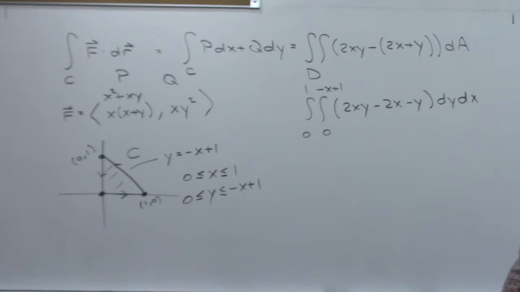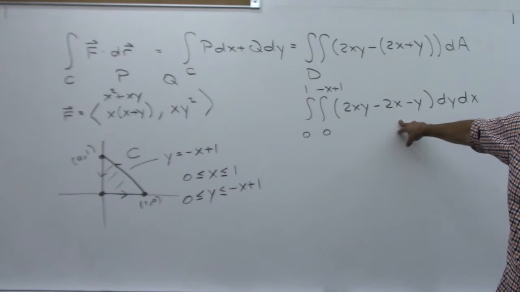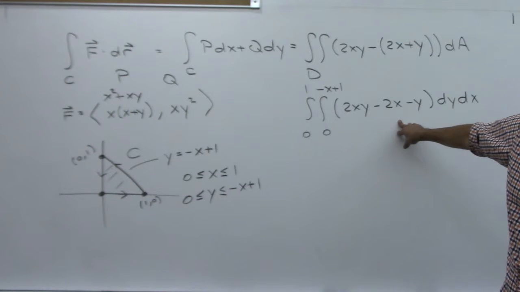Just before I move on, let me double check that I've got everything in order here. Partial of P, partial of Q. Which one am I doing? Number 17. Okay, hold on a second. Did I write that down right?